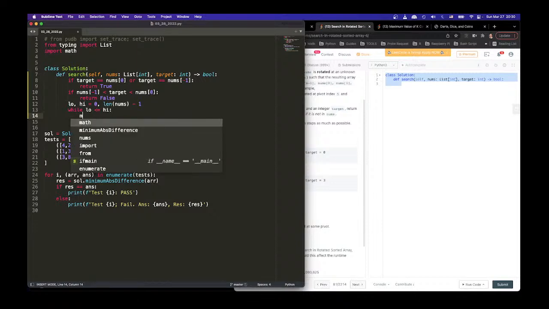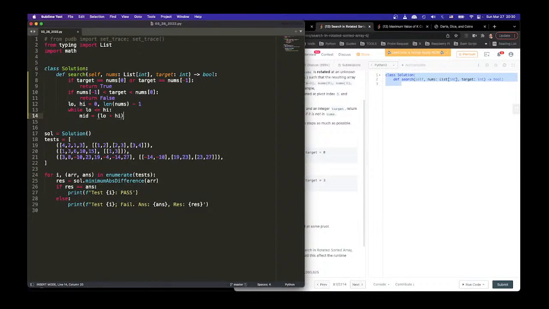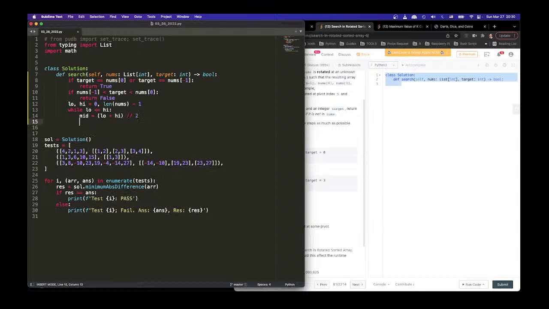Okay, mid equals low plus high, divided by 2. So what we're going to do is, if this value, right, so we know which side it belongs to, and if it's smaller than the target, any value that is smaller than the target means the target is bigger.